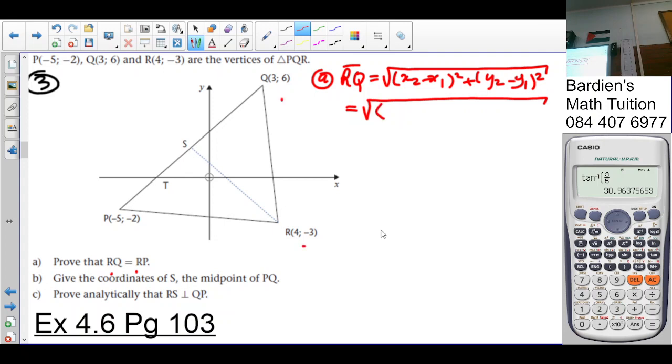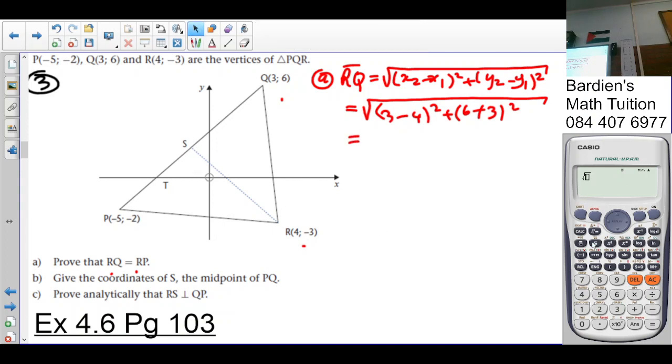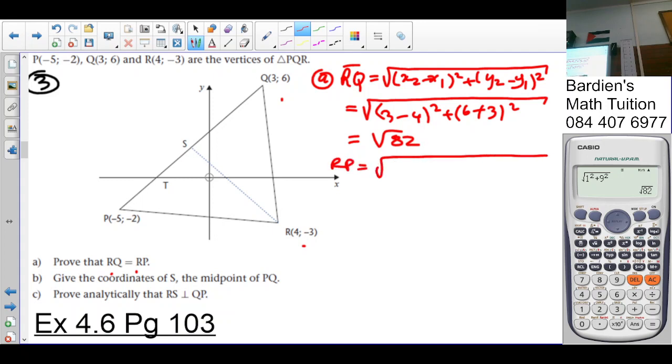It's going to be 3 minus 4 squared plus 6 minus -3 squared. So that gives us the square root of -1 squared plus 9 squared. Gives you root of 82. Is that correct?